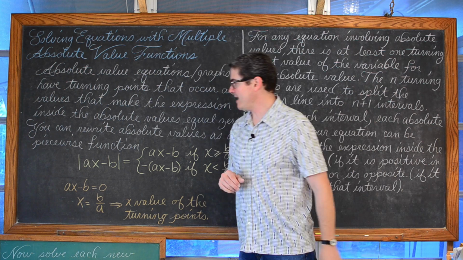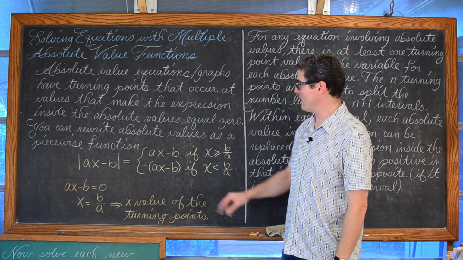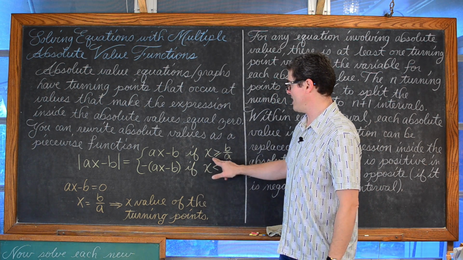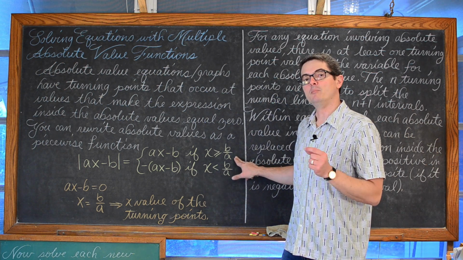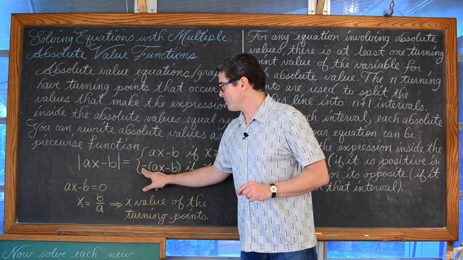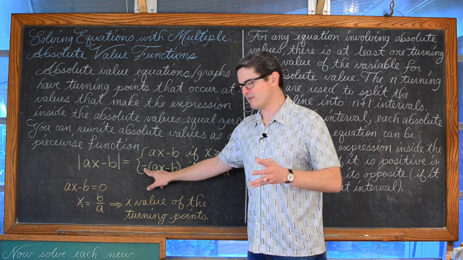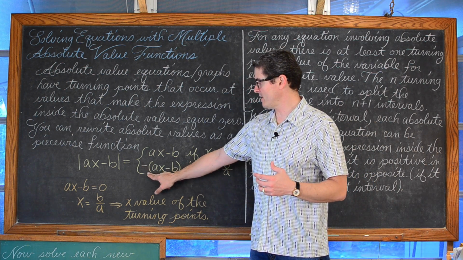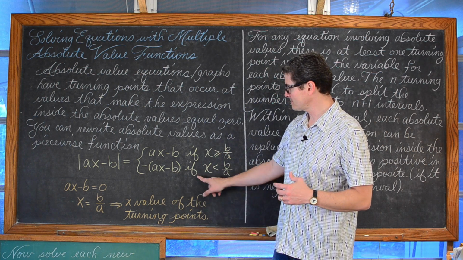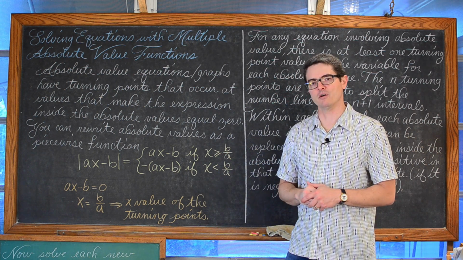If we have ax minus b, then it's going to be rewritten as ax minus b if x is greater than or equal to b over a. And you're going to replace the absolute value of ax minus b with the opposite expression, negative parentheses ax minus b, if x is less than b over a.